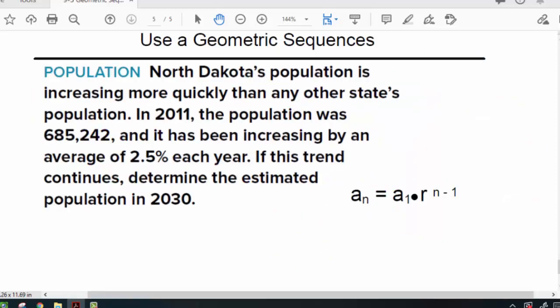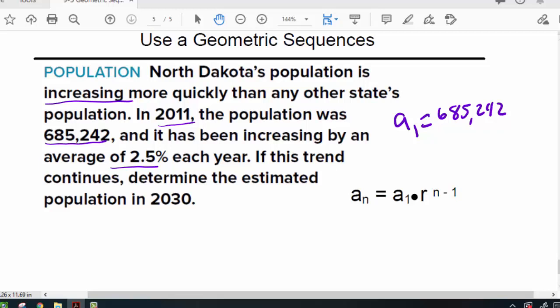Okay, so now they want us to use a geometric sequence. North Dakota's population is increasing more quickly than any other state. In 2011, the population was this amount, so that sounds like the first amount. A sub 1, the first term in the sequence, would be 685,242, and it has been increasing by an average rate of 2.5% a year.